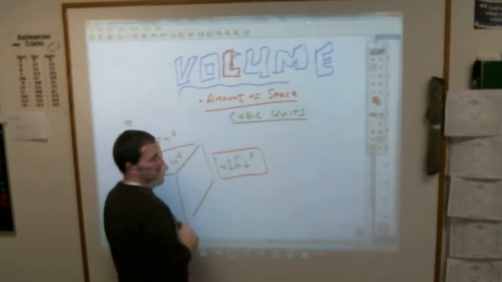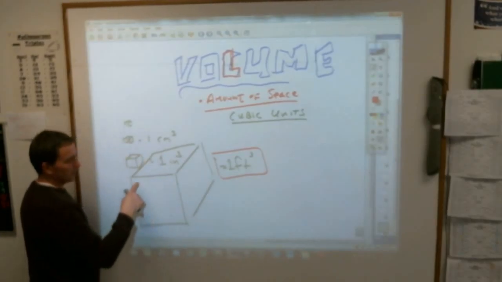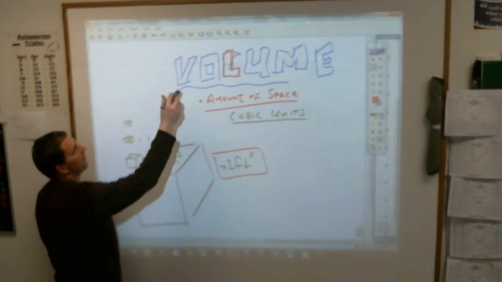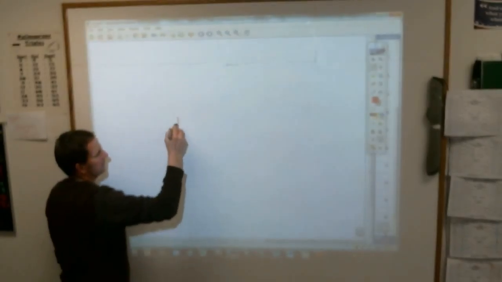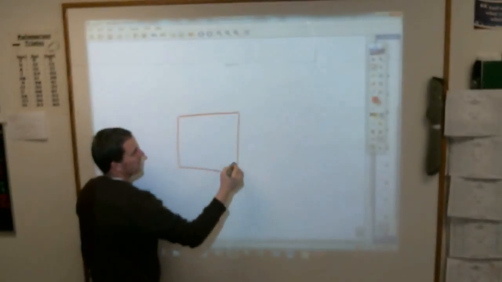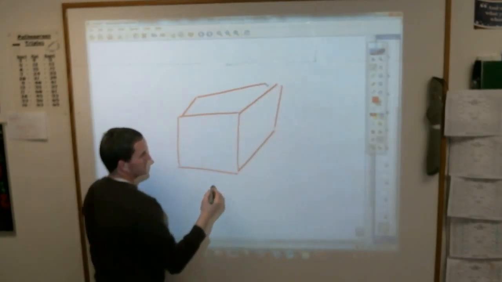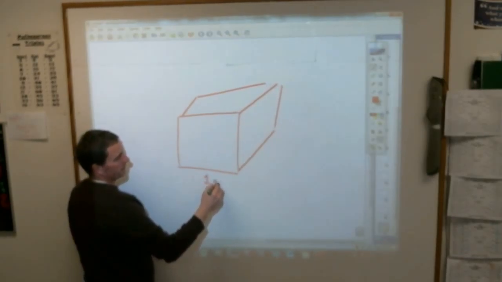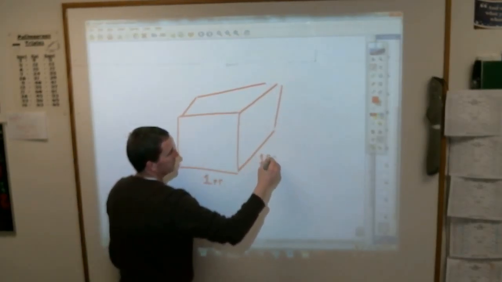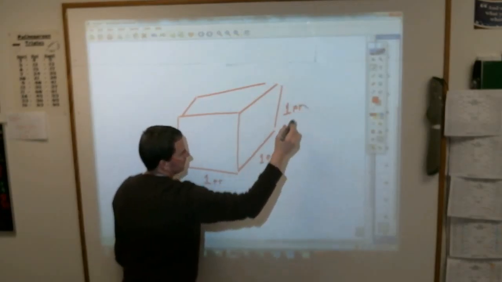And we talked about this before. The dimensions of a cubic foot are 1 foot by 1 foot by 1 foot.